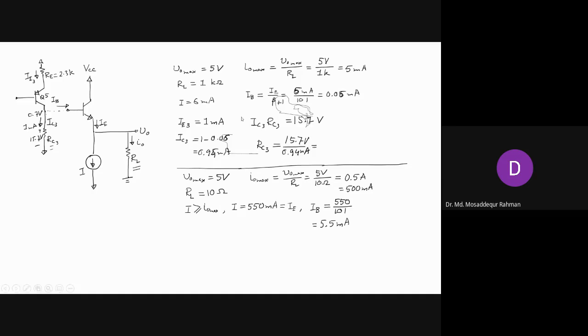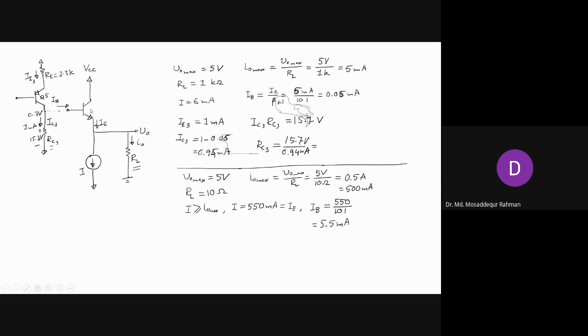Now you see that this current here, IB is 5.5, and here you have current of only 1 milliampere, while in the common collector, the output stage needs a 5.5, much higher than what you have here. So this will not be able to provide that high base current, right? When it will demand this high base current, this stage will go off.